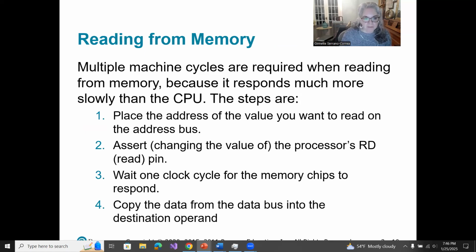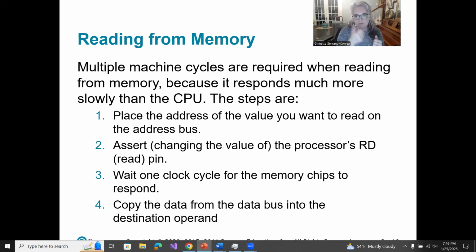Okay, reading from memory. Multiple machine cycles are required when reading from memory because it responds much more slowly than the CPU. So if the CPU has to read from a register, where the registers sit on the CPU, it only takes one machine cycle or 1 clock cycle.